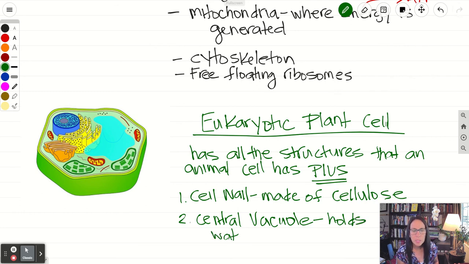It also holds other things, but mostly water. It's the largest structure in a plant cell. When the water is low in the central vacuole, the plant gets kind of wilty, so it gets kind of sad. And that's when you know you need to water your plant.